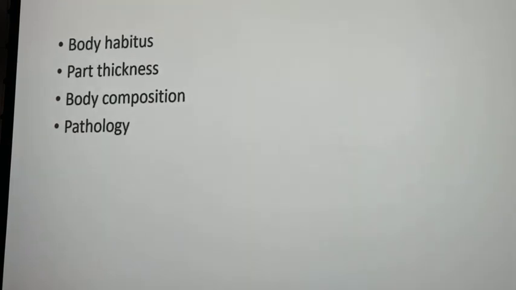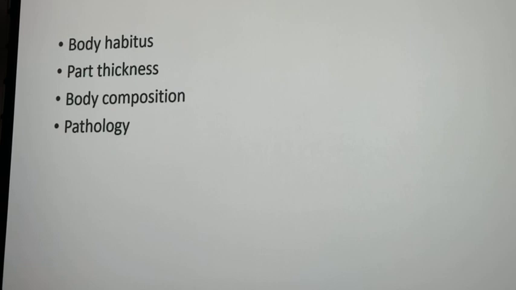So your patient factors can control all of that stuff, or at least affect it, and that is your patient factors: body habitus, part thickness, which is not necessarily the same thing as body habitus, body composition, which is sometimes synonymous with part thickness and body habitus. Generally, as we go from asthenic to hypersthenic, we gain soft tissue, right?